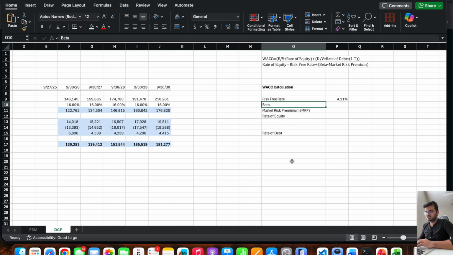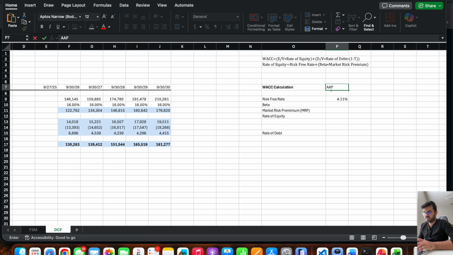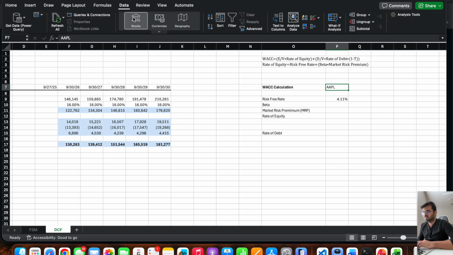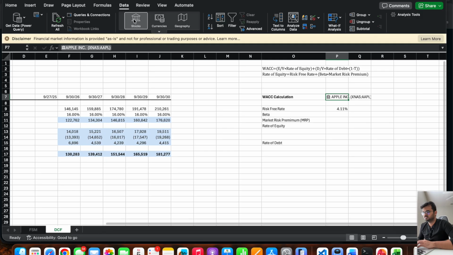Next, to get the beta value, I will do one small thing. I wanted this to be dynamic, so I'll type in the Apple stock ticker symbol here. If you have the Microsoft Office premium version of Excel, go to Data and there's a Stocks data type for ticker symbols. If you hit it, you could see it changed to Apple.